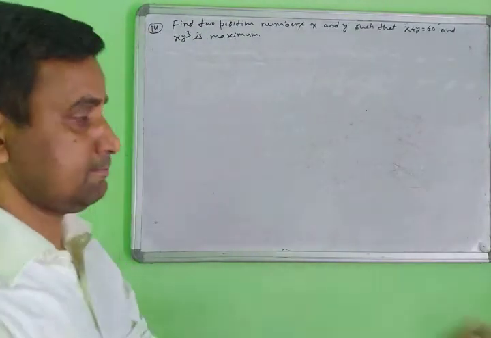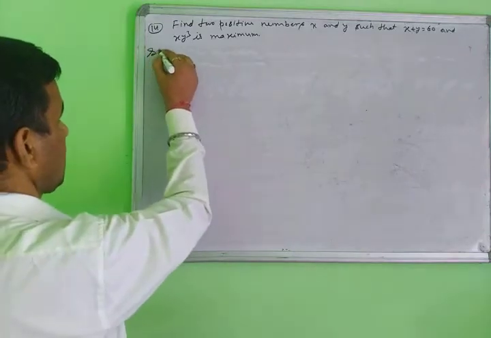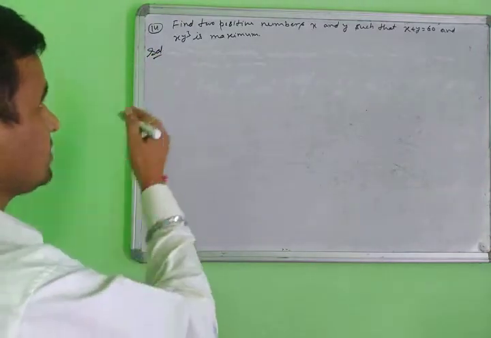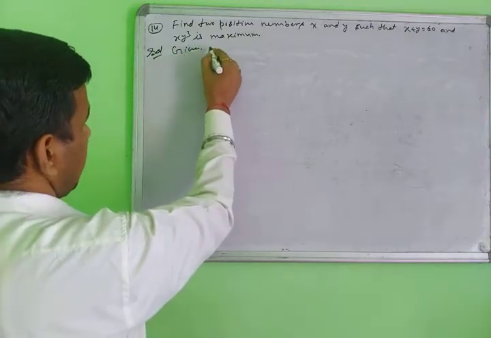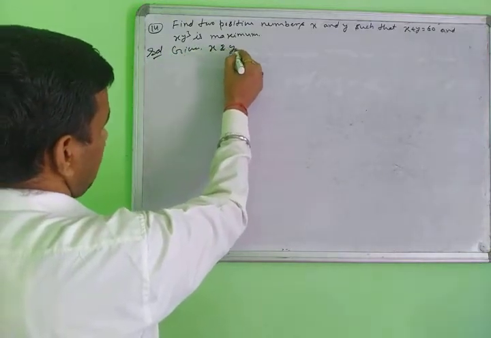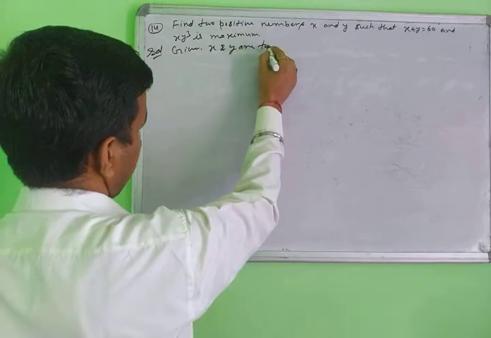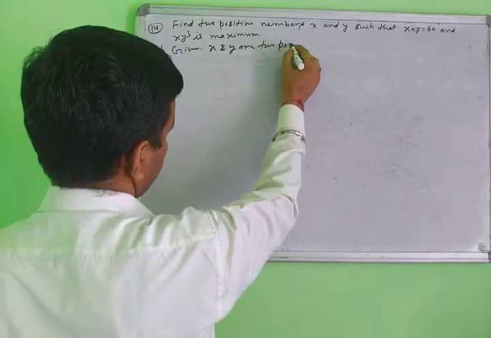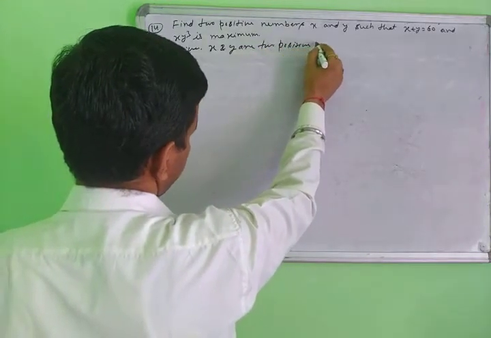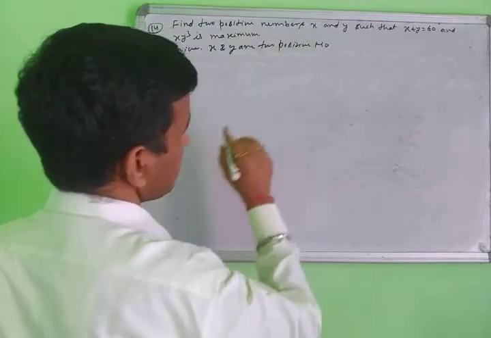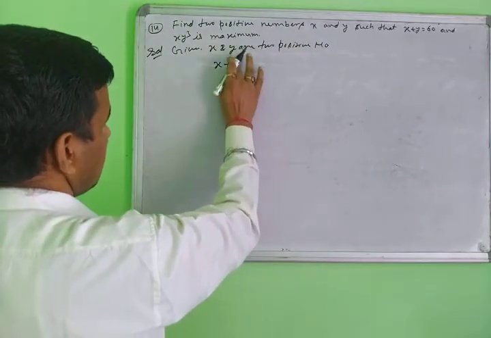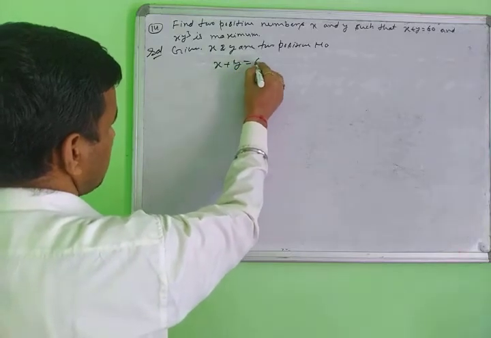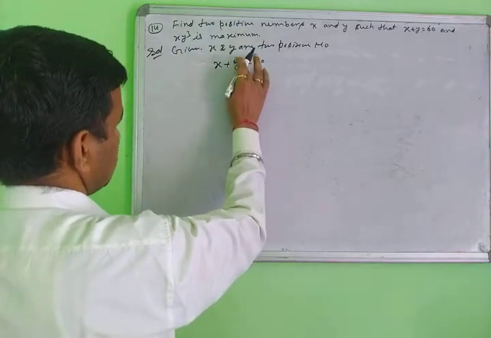Yes, now look here. First, what is given here? X and y are two positive numbers. Second, x plus y equals 60 is also given.